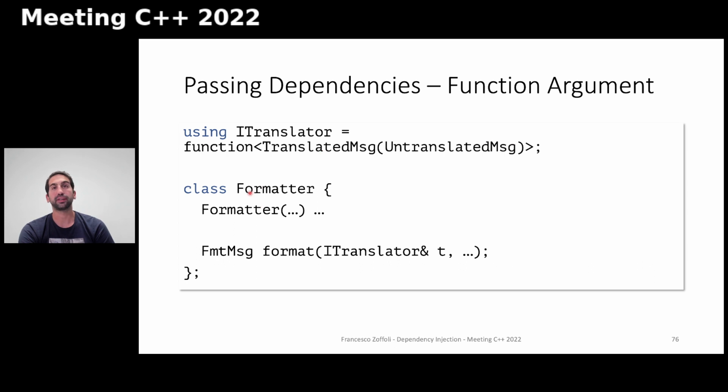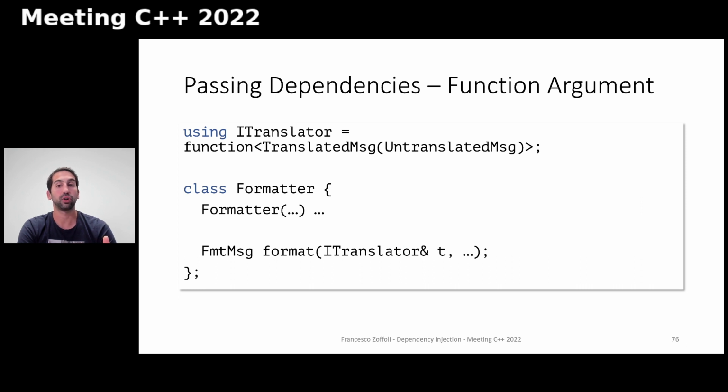Then we have a formatter, which formats various arguments, takes an ITranslator, and returns the formatted message. The reason we pass the translator into the formatter is because the translator needs to know the language to which it needs to translate. And to get the language, we need to know the language of the user.